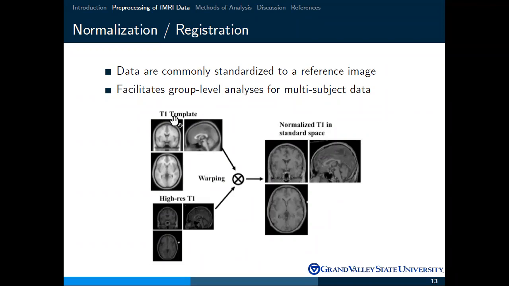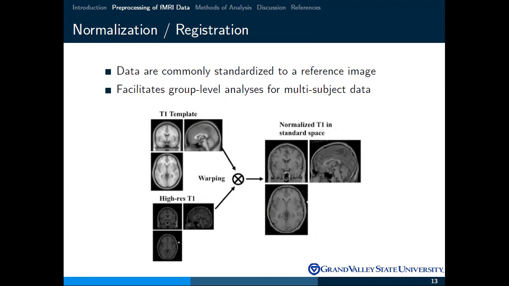And for the common space, there are a few very commonly used structural MRIs that research teams have developed in order for people to normalize or register to those images prior to analysis.